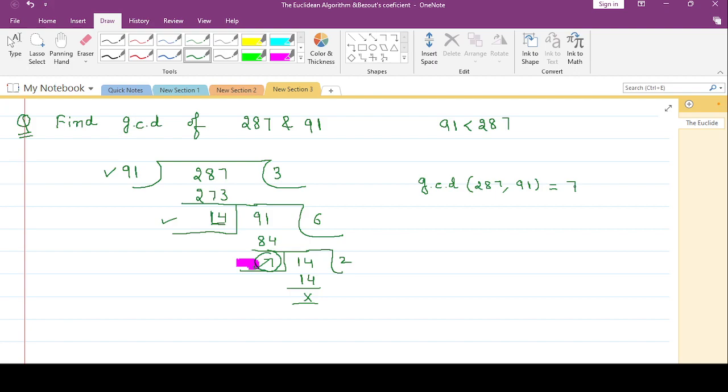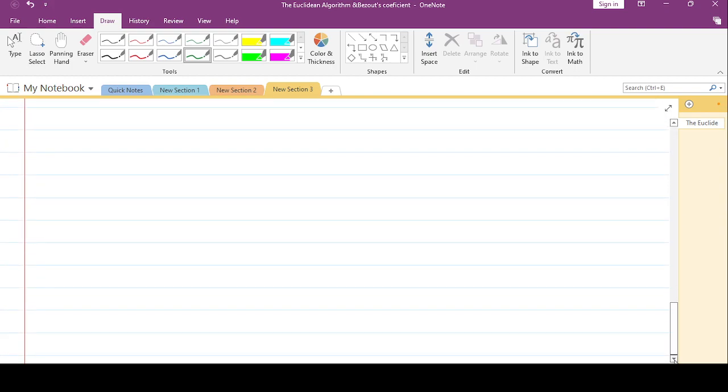Okay. Now we solve this problem for one more question. We apply this method for one more question. So the question is this: find the GCD of 414 and 662.